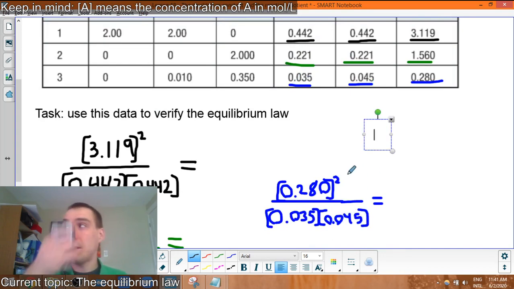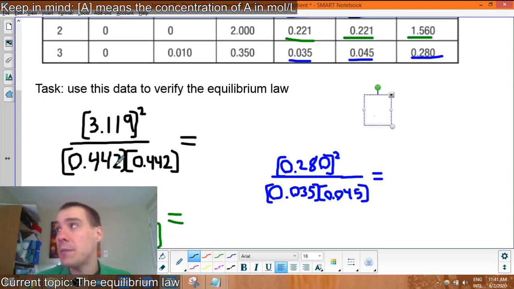Now let's verify the equilibrium law. I've got my calculator here. When you put this into a calculator, you have to be really careful about brackets, especially if you're dividing. When you're dividing by these, you have to divide and then have a bracket for the 0.442 times the 0.442.